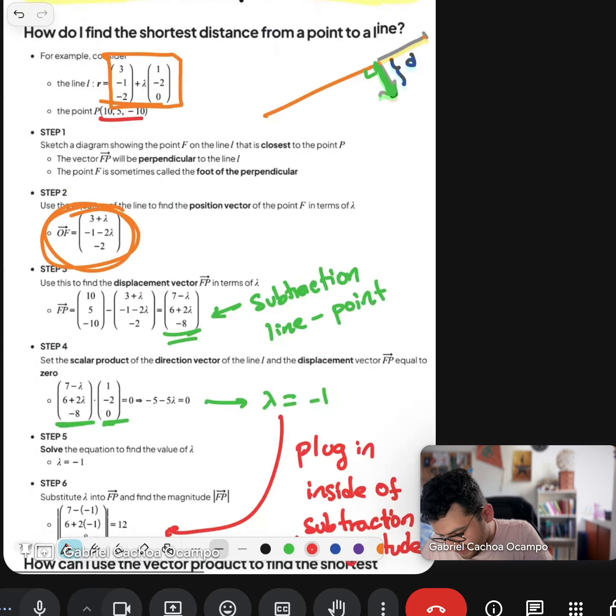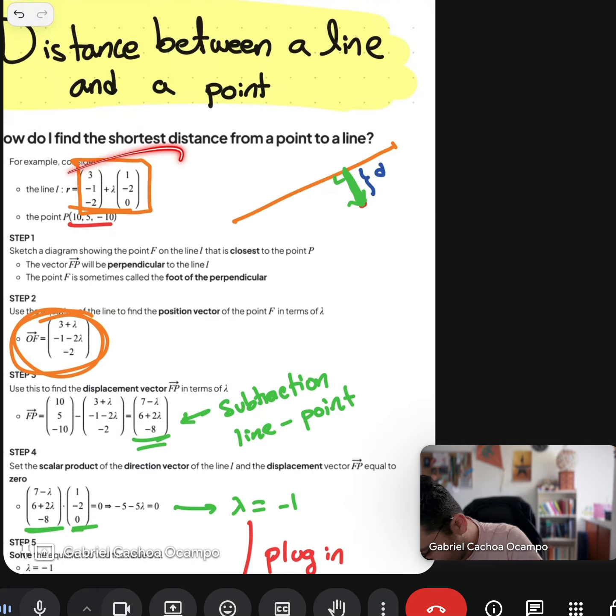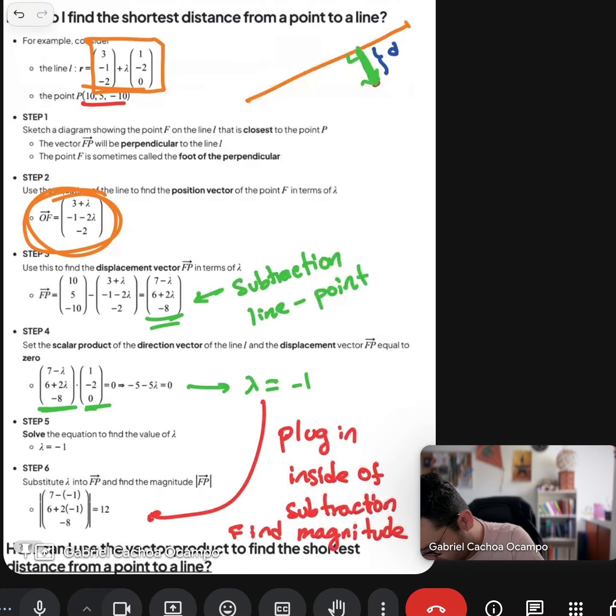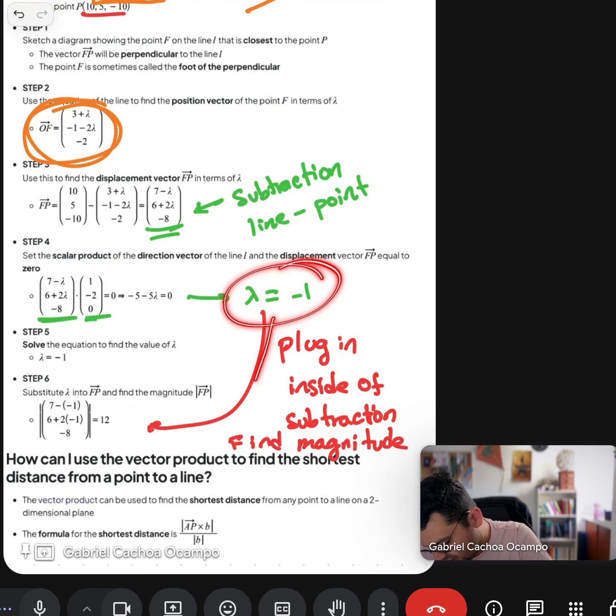So you write it as a single vector. Do the subtraction, line minus point. Do the scalar product so that the subtraction and the line are perpendicular. Solve. Plug the value you solved into the magnitude of the subtraction.